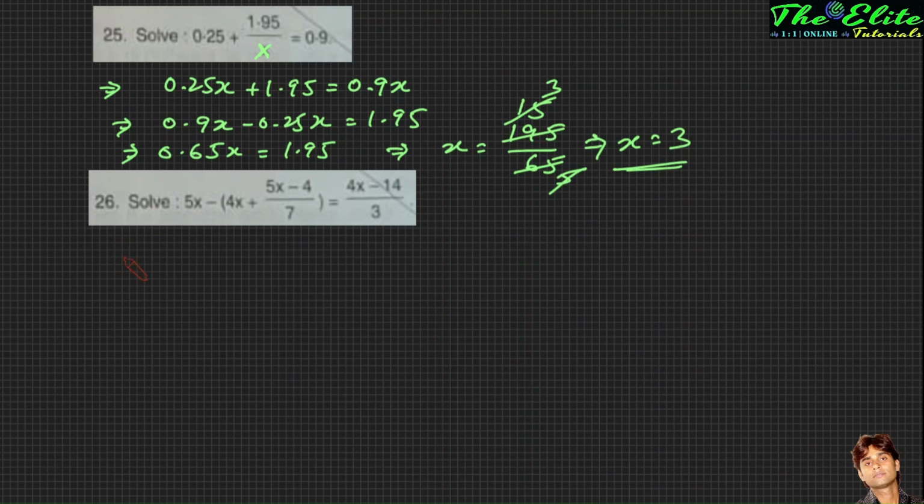Very easy. Now 26, the last question of this exercise, I guess. Yes, it is looking tough, right? But it is not. See, 5x minus 4x, this and that. So first we will solve what is inside this bracket. Okay, let's start. 5x minus, I will write 7 here. 7 times 4 will be 28 of x plus 5x minus 4.